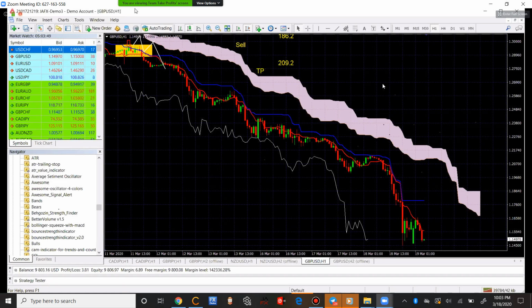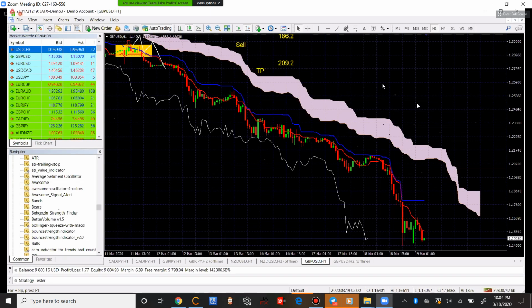Fun fact, this software hasn't been updated since like 2003. Nothing's changed. They don't have it for the MT5, do they? They have an MT5, but the vast majority of people still use MT4.